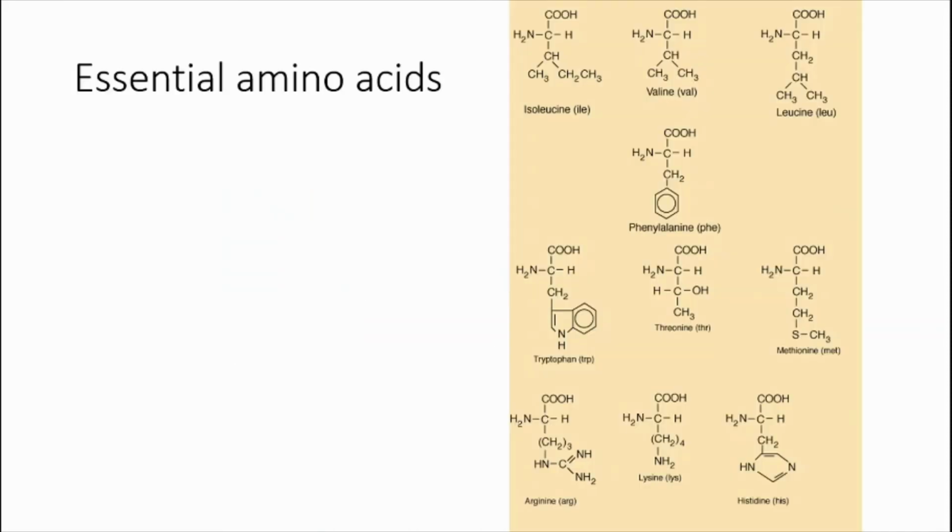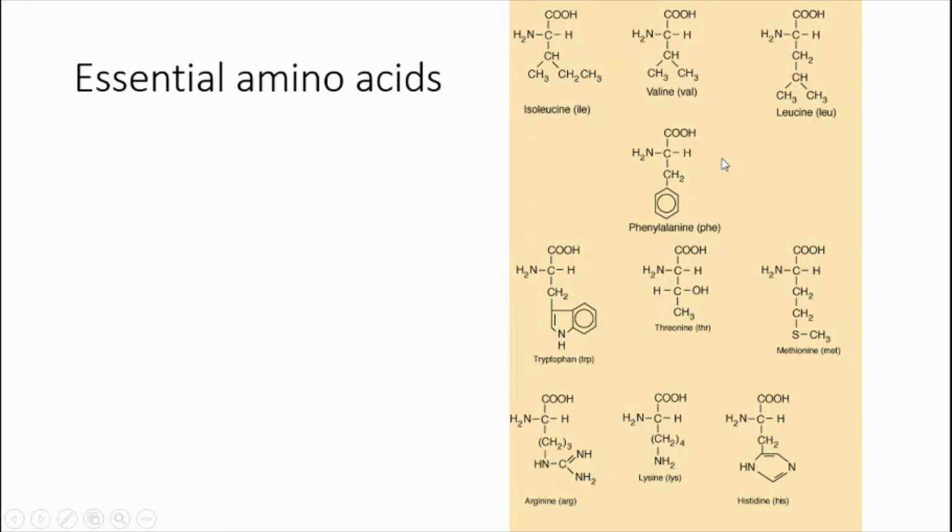And there are 9, actually there are 10 essential amino acids, and we can still see that we have our amino group, and we have our acid group, and then we have our R group, and we can see that the basic structure with the amino group and the acid group is exactly the same for all these amino acids. So these are all amino acids, and those are the essential amino acids, so 10 of them.